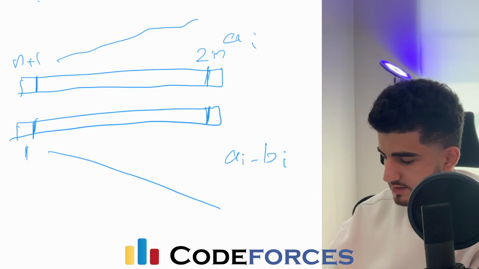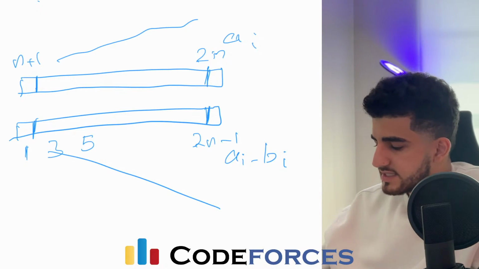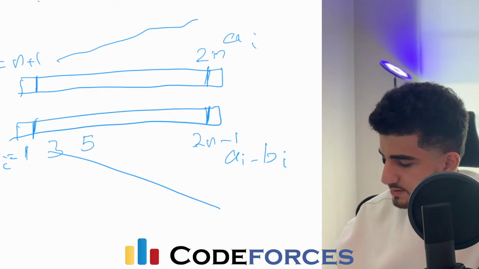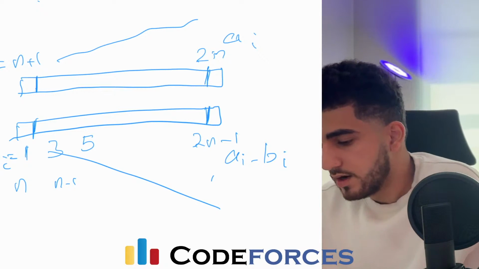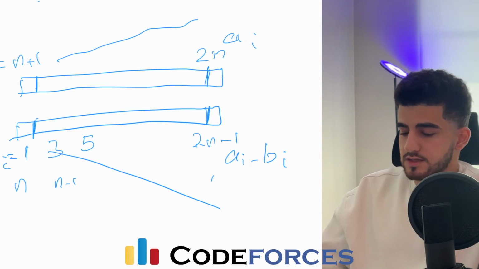The BIs are, for example, all the odd numbers up to 2n minus 1. Then AI minus BI goes from n minus 1 down to 1. So it is possible that all the swords will remain at the end.